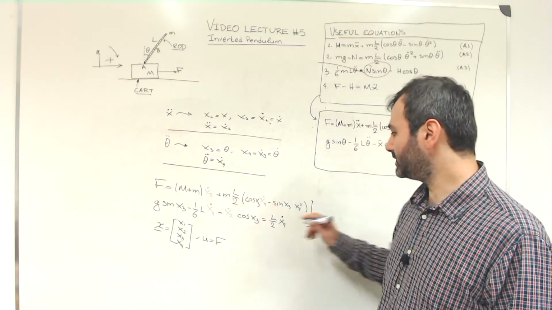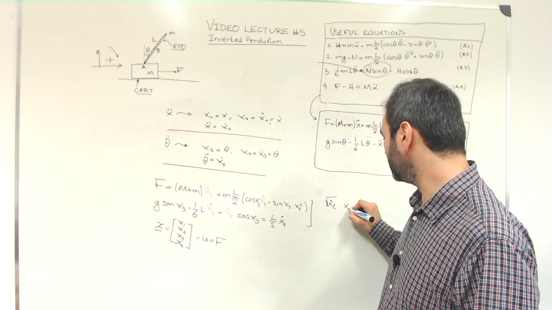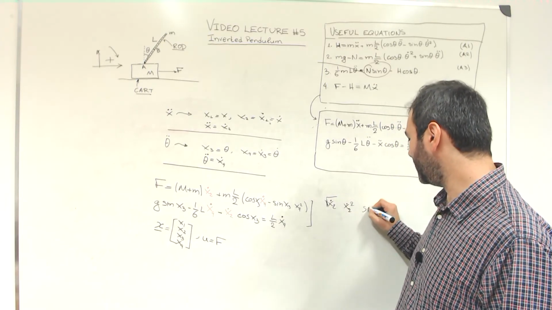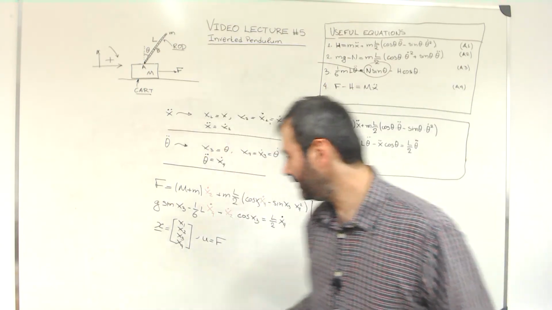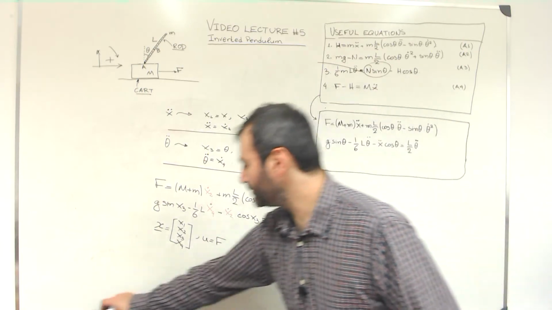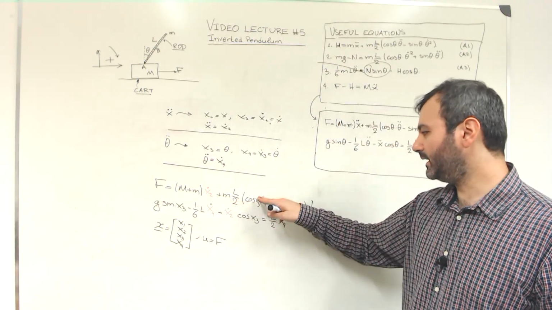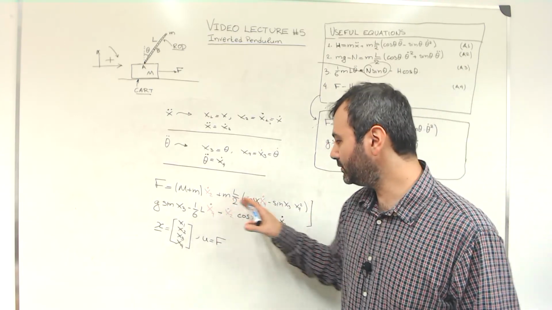We don't have any strange terms like x2 dot squared, or sine of x2 dot. We don't have anything like that. We have simple plain terms that involve x2 dot. It is something times x2 dot plus something else times x4 dot. This is a linear system in x2 dot, x4 dot.